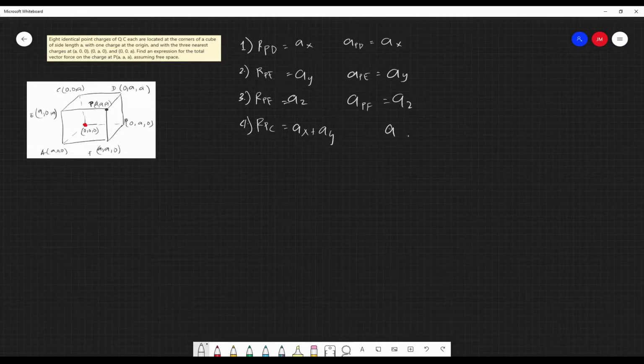The unit vector a_PC is equal to (a_x plus a_y) over square root of 2.